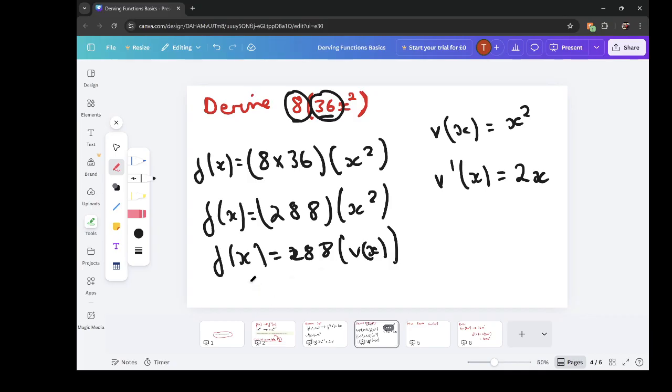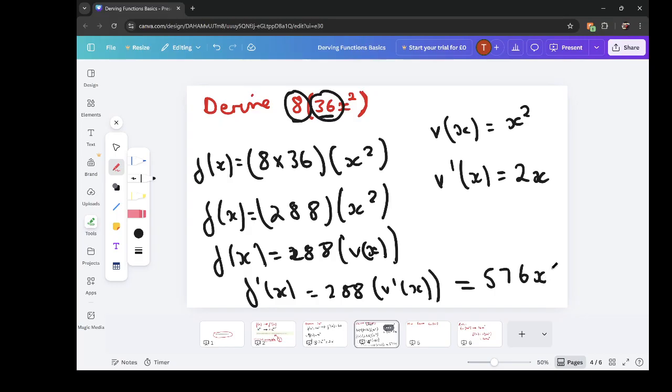So naturally, our f prime of x should be 288 times v prime of x, because v of x is the only one with a variable. So that means 288 times 2 times x, which is, let me do that in my head real quick again, 288 times 2, I think it's somewhere around 576, 576x. That is our value.